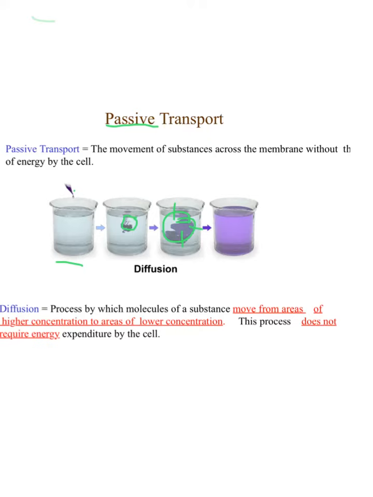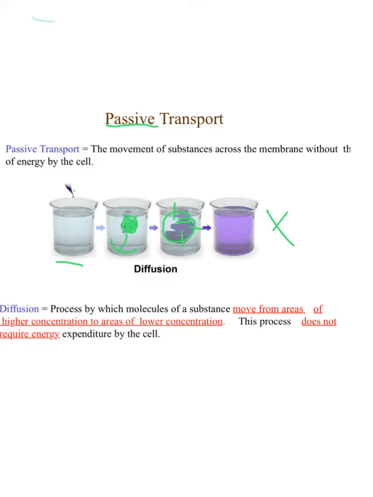What we're going to see is that the molecules will go from areas of high concentration to areas of lower concentration, so that the net effect is that everything is going to be all spread out, and eventually that whole beaker is going to be purple. So we call this process diffusion.